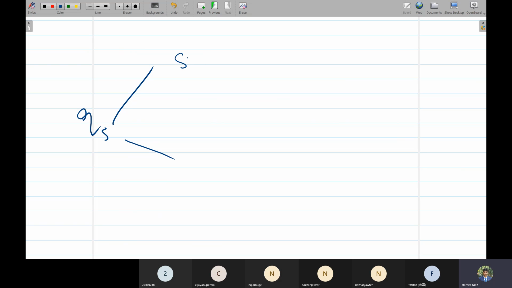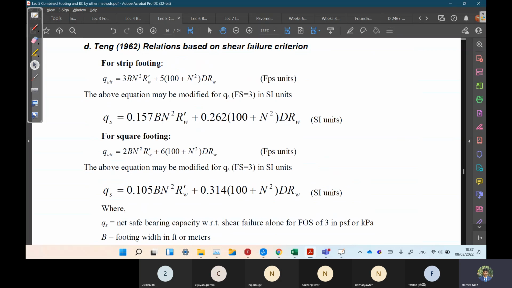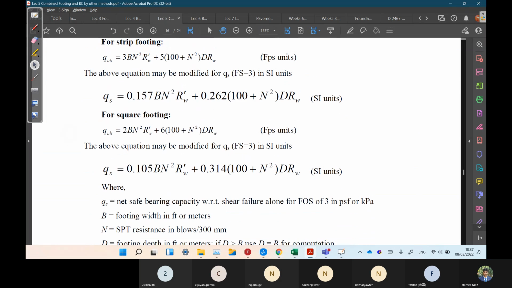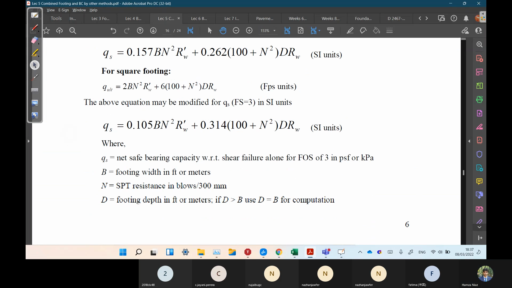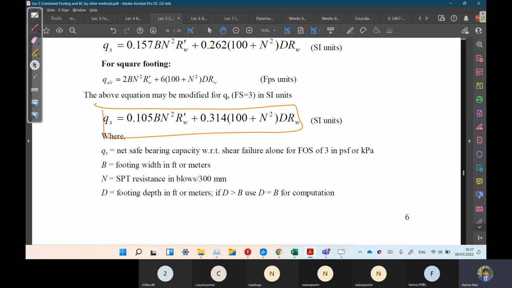First is based on shear failure, and the second is based on settlement, where the settlement of the footing is exceeding the allowable settlement. We have two types of these capacity equations. So we do not have to remember this, we just have to know how to use this.